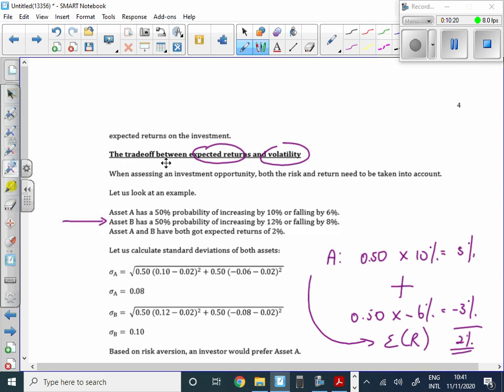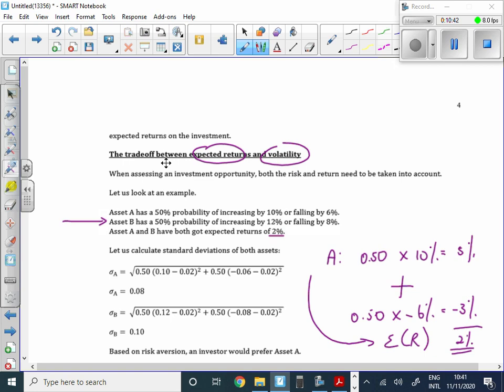Now, why, if asset A and asset B have got exactly the same expected return of 2%, would they have a different risk? And remember, risk, okay, is the variability or the volatility of those particular earnings. And to come to the 2%, well, asset B's got a much more volatile picture.